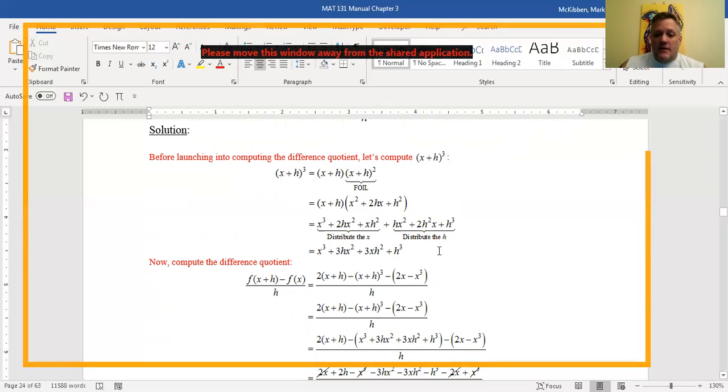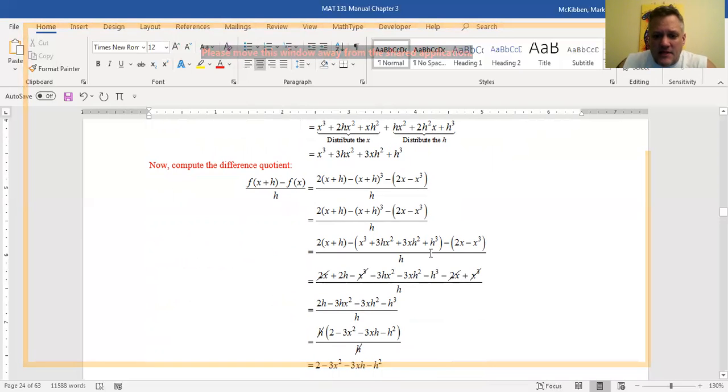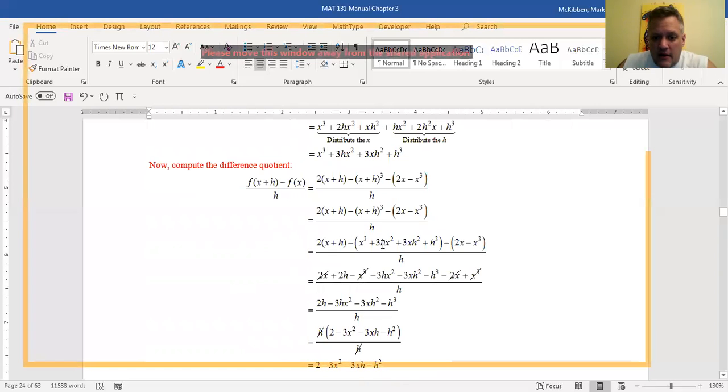All right, so I plug it in right here. And then to simplify the top, remember, you can't just kill this h with that h and call it a day. You have to distribute the 2 through, the negative through all 4 terms, and this negative through those 2 terms. That's what I did up here. Then you can cancel out like terms in the top alone.